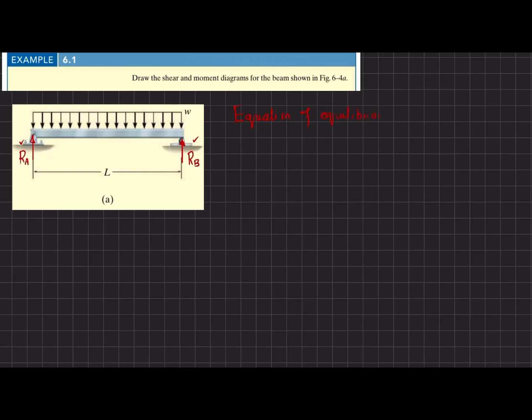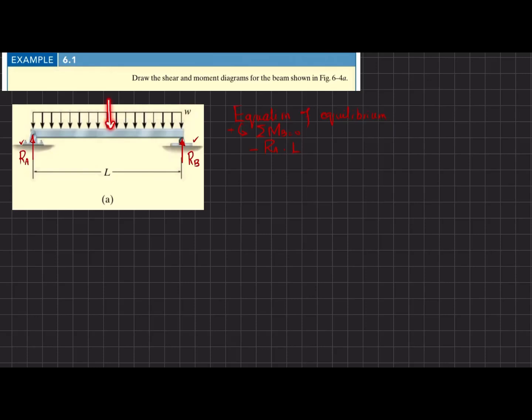So the first equation of equilibrium is that the sum of all moments about point B is equal to 0, taking the counterclockwise moment as positive. The first moment is due to force RA with perpendicular distance L, and that is producing a clockwise moment about point B. So I will write minus RA into L. The second moment is produced by the distributed load.